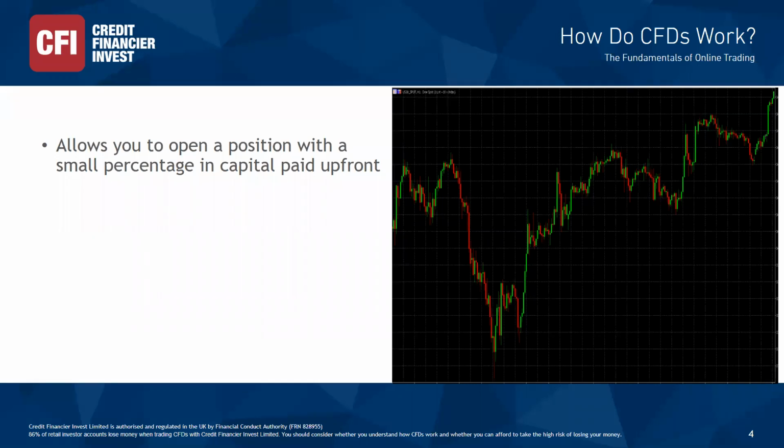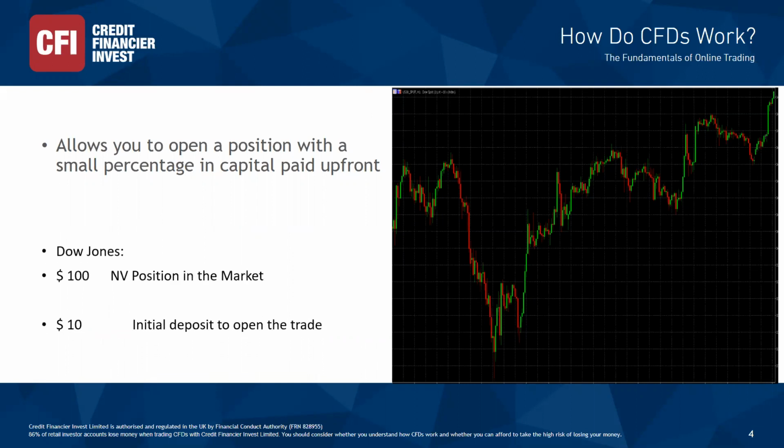So in order to open $100 worth of the Dow Jones, all you have to put is $10, okay? So here's an example of what I was saying before. The notional value of the position in this case is $100, but in order to open that position worth $100, all you have to put is $10.